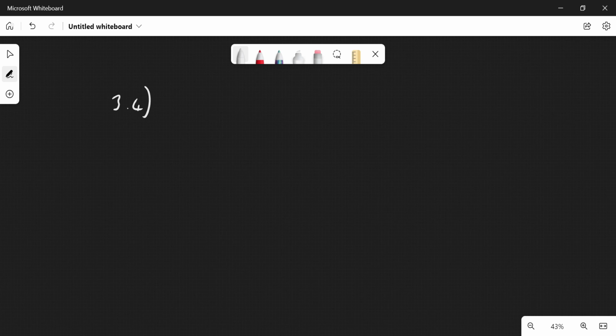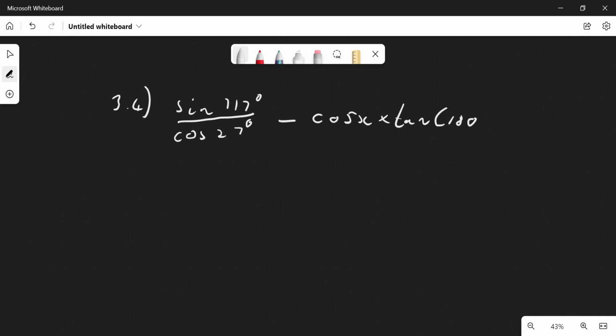With 3.4 we have sine 117 theta divided by cos 27 theta minus cos x times tan of 180 minus x times sine of negative x.